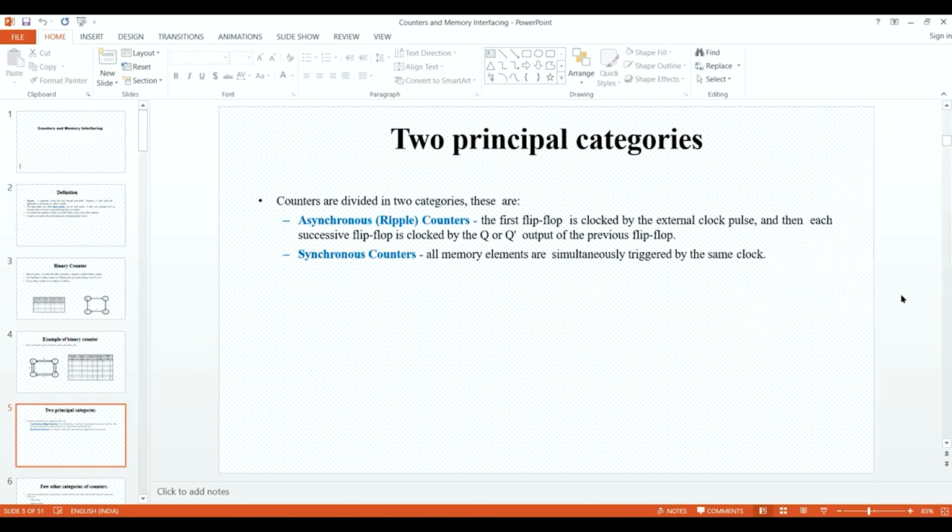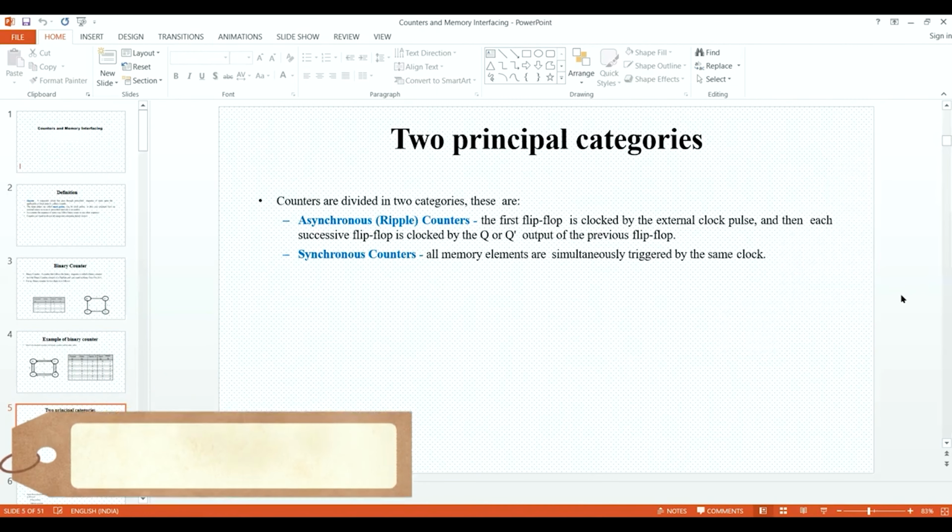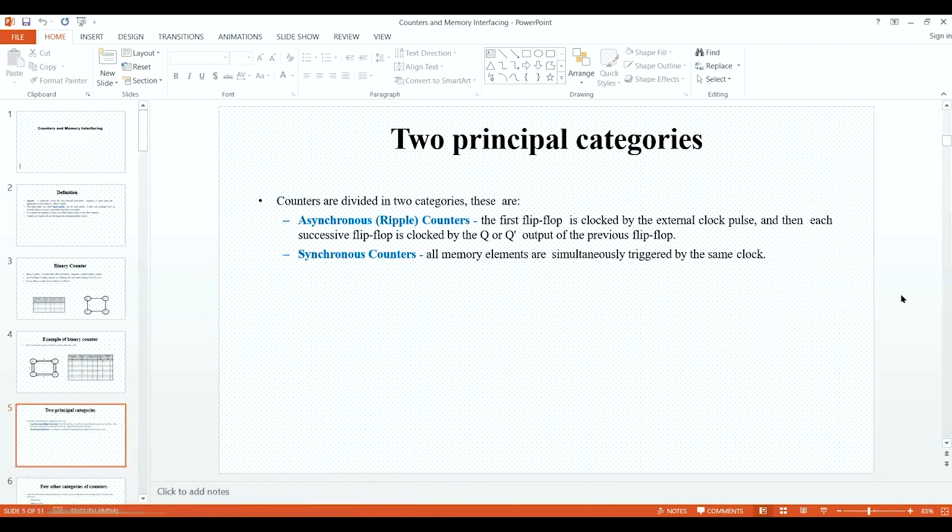So broadly, we talk about counters in 2 principal categories: asynchronous counter and synchronous counter. Students, you might have seen my previous video in which I talked about asynchronous counters being event driven. The other name of asynchronous counters is ripple counters.